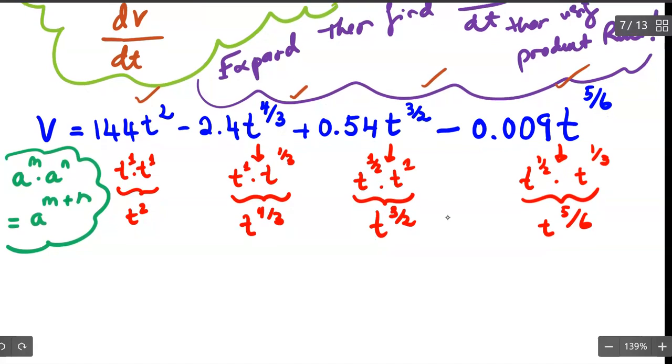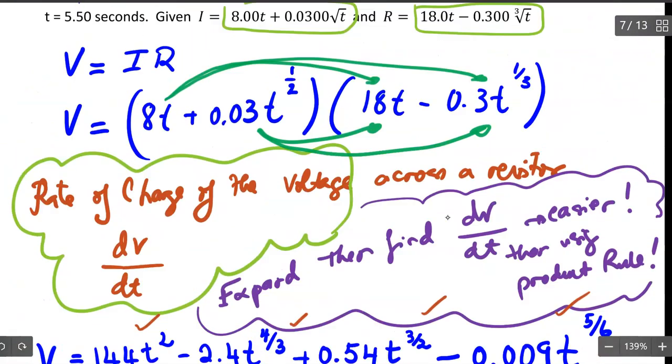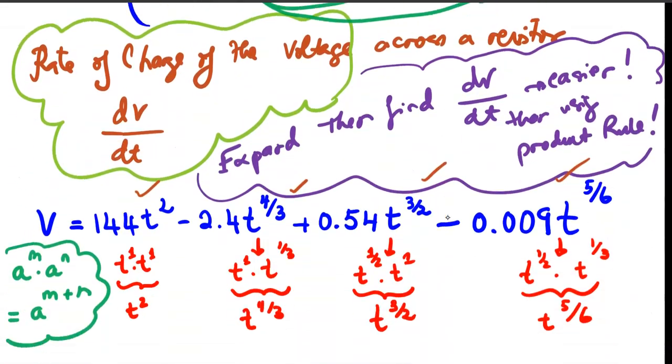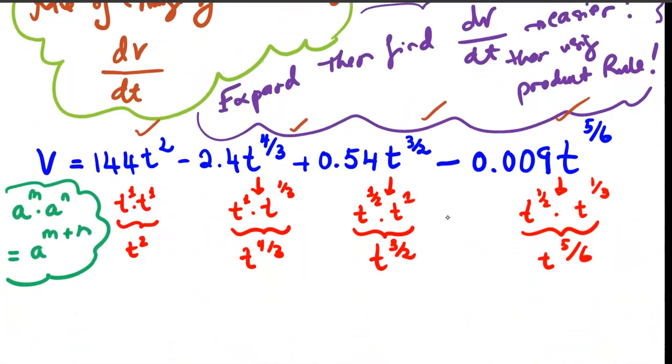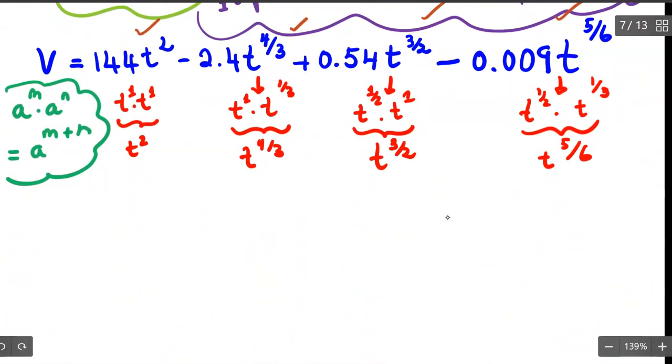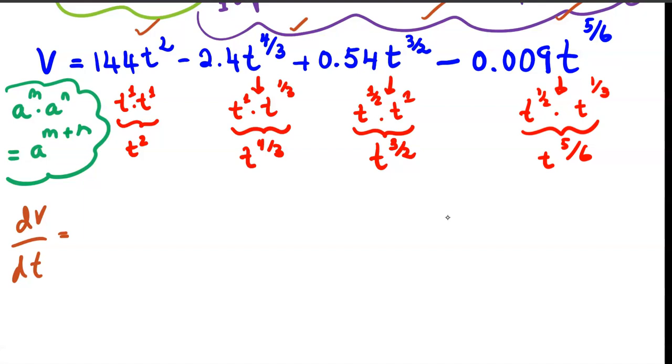Now, the rate of change of this voltage is dV over dt. So I will write the derivative of V as a function of time, and there is a lot of writing here, everyone. It's 288 times t, right?